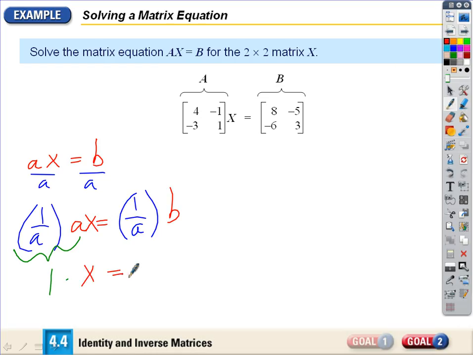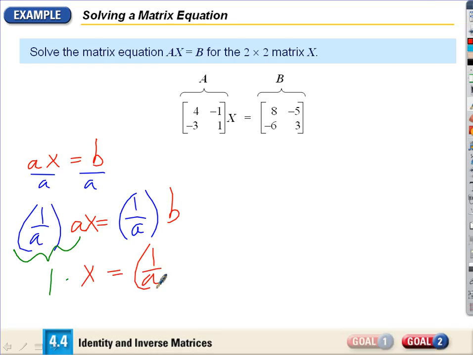Now, we can't divide matrices in the same way that we divide real numbers, but we can do this. We can multiply by the inverse. So if we want to get this X by itself, watch what we can do.